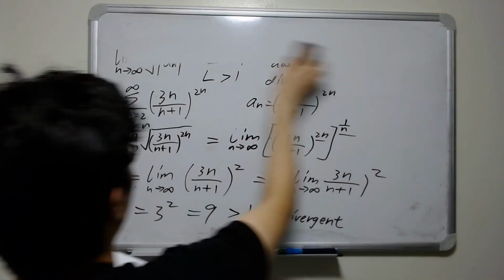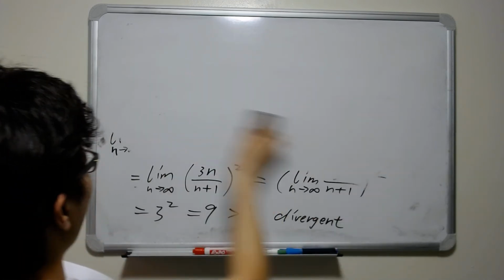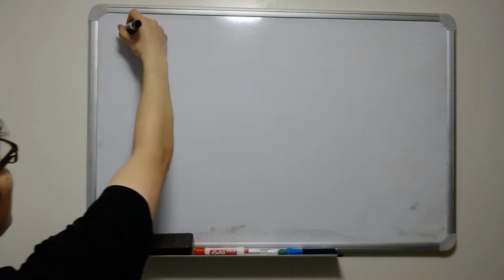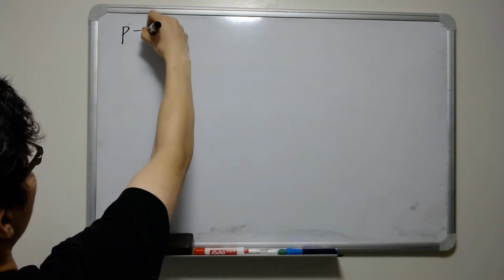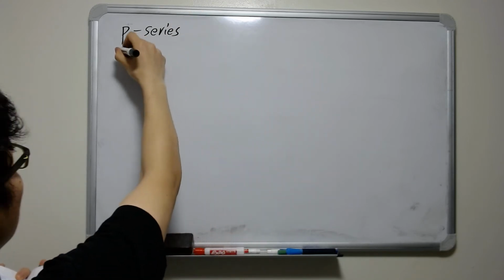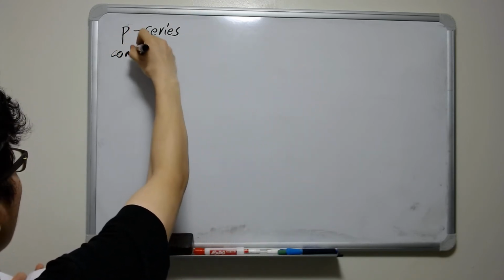So I just write down all of these tests. Let me check my notes. The first simple one is the P series. And the second one, I think we know, is the comparison test.